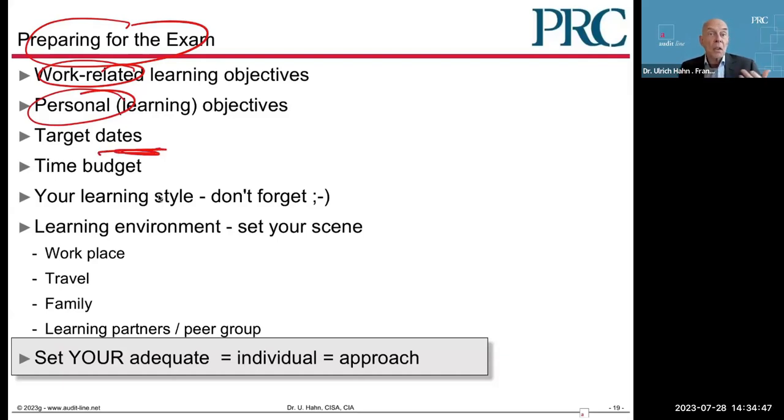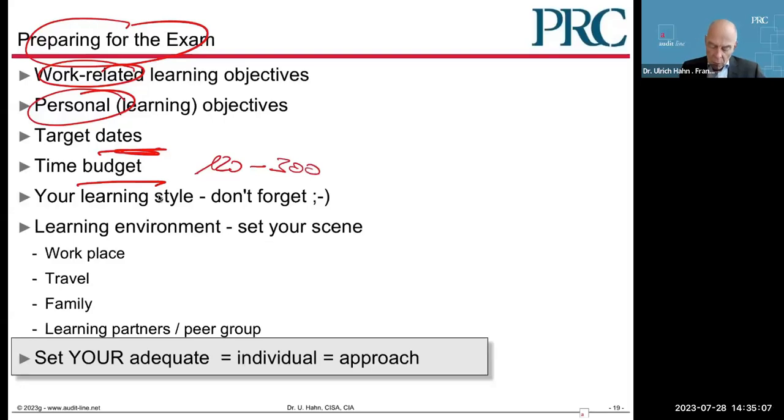Then, when do you want to have this? Maybe at the end of the year, or before you change a job, or before you start a new job. How much time do you have to spend? The CIA exam can take, I would say, between 120 and maybe 300 hours of preparation.